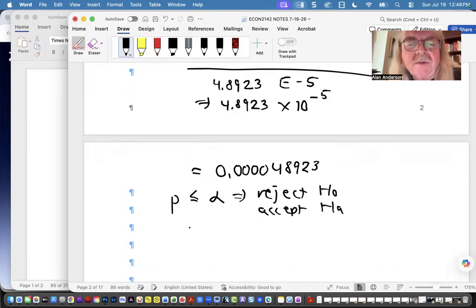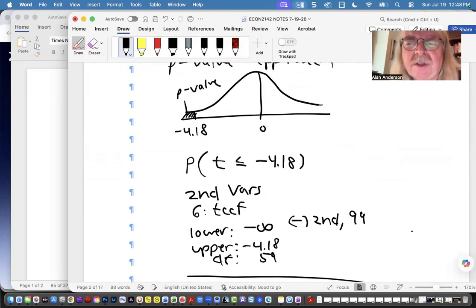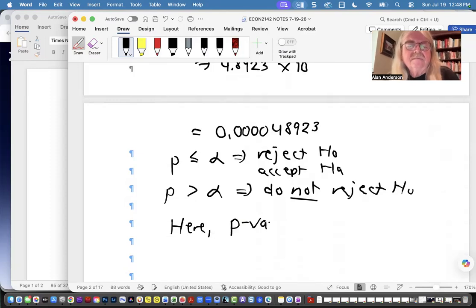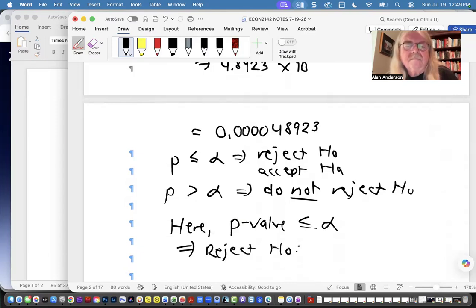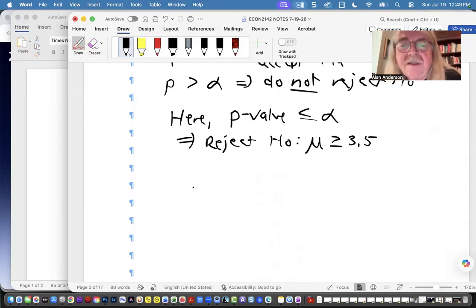And if P is greater than alpha, we simply do not reject the null. But I think here we can all agree this is less than alpha. And that means we reject the null, that the mean is at least 3.5, and accept the alternative that it's not.